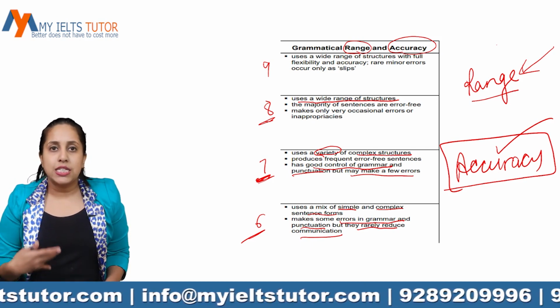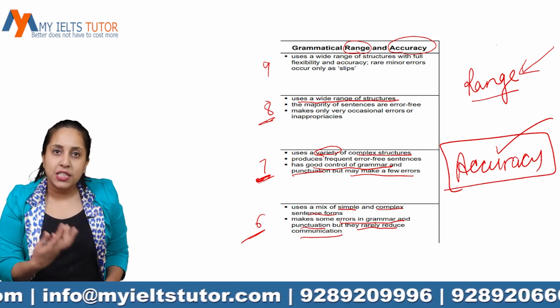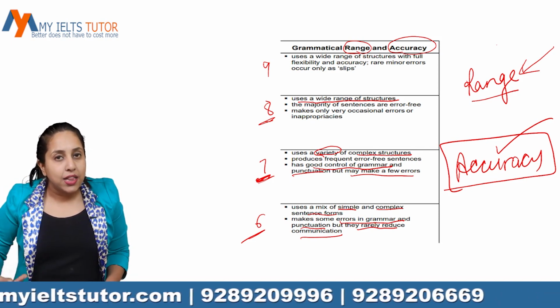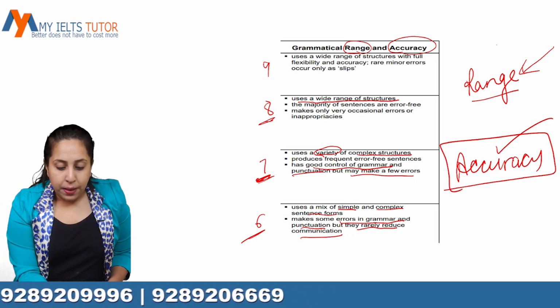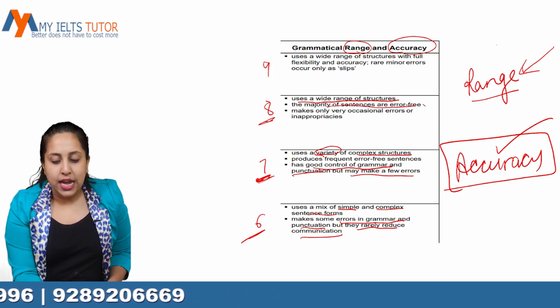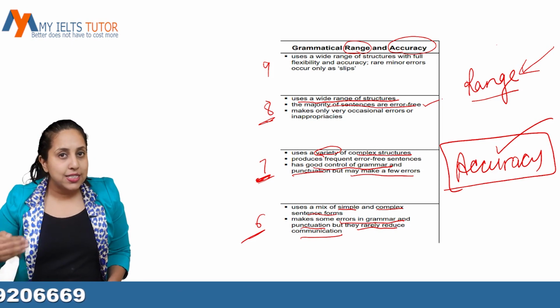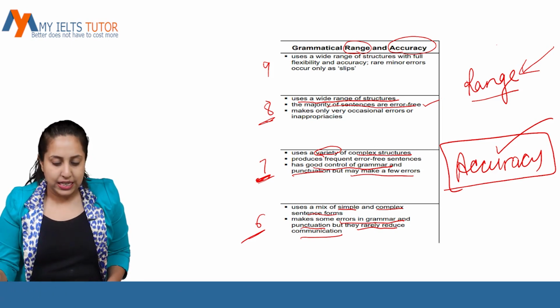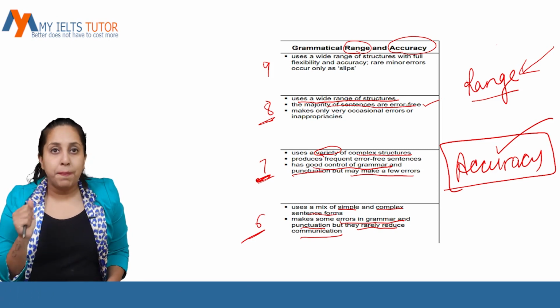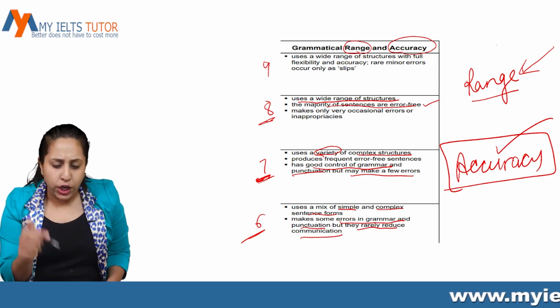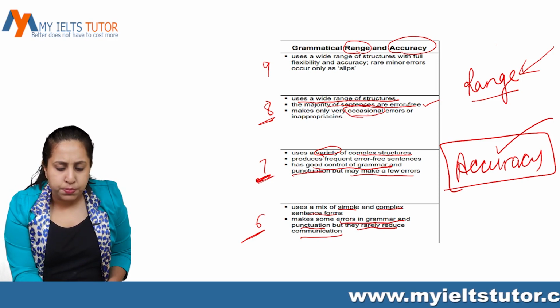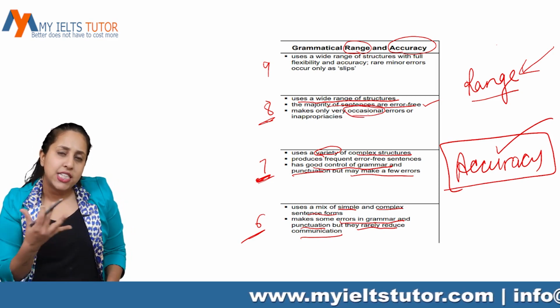There are different structures like question sentences, conditionals, passive sentences. I can add other structures to be at 8. Then here the majority of my sentences are error free. ज़्यादातर sentences मेरे बिना किसी mistake के हैं. I have a good command over my grammar, good punctuation. There are very occasional errors. Occasional means बहुत 1, 2, 3 occasional errors.